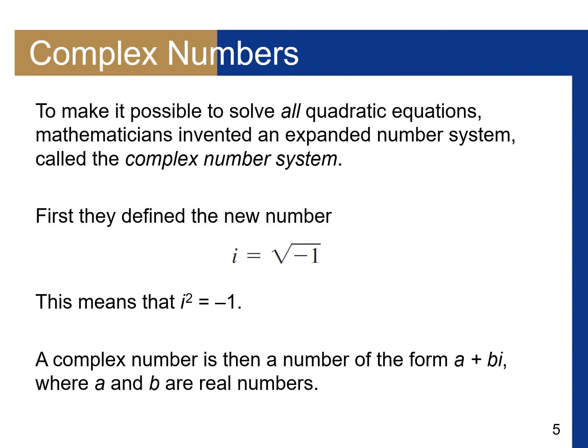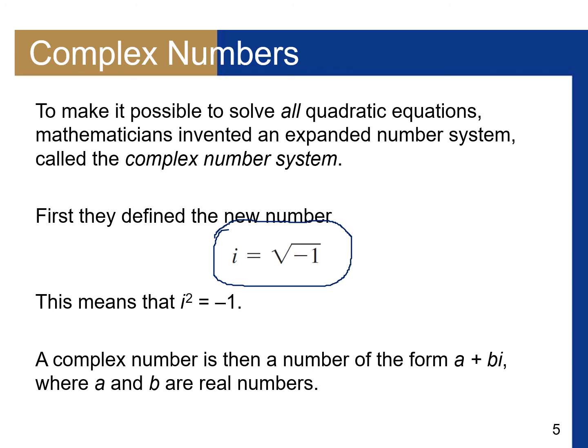So this is a definition here. i equals the square root of negative 1. That would mean if I took the square of both sides, then I would get i squared equals negative 1.